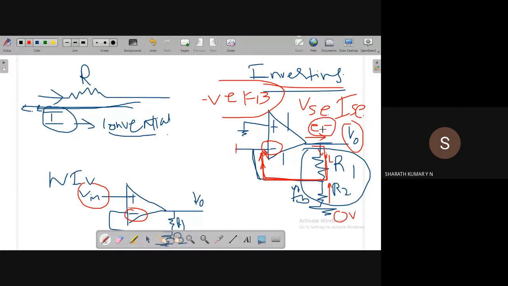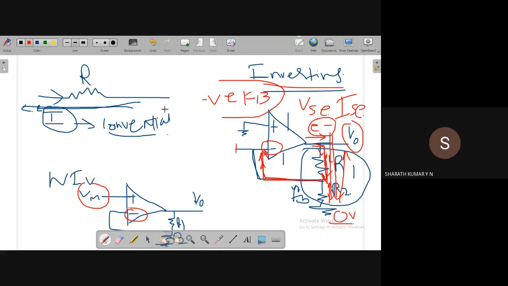These negative charges flow from lower potential to higher potential, because here there are more holes. The conventional direction of current that we take is from the output terminal to ground. The actual flow of current is from ground to the output terminal, because the current is replacing the holes.